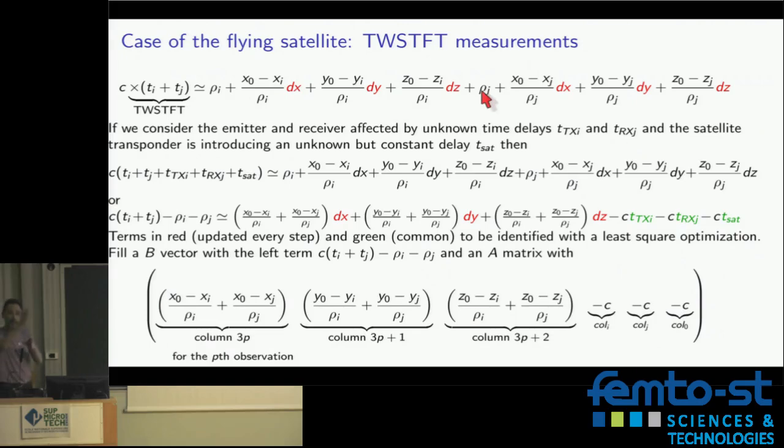How much has the satellite shifted with respect to its ideal position? This would be the equilibrium position of a satellite, and this is the shifting position of a satellite in space. And okay, so now we have our expression because these are all measurements. We know where we are, we know where the satellite is supposed to be. This is station i, this is station j. And all we want to solve is dx, dy, dz, the offset of a satellite with respect to its equilibrium location.